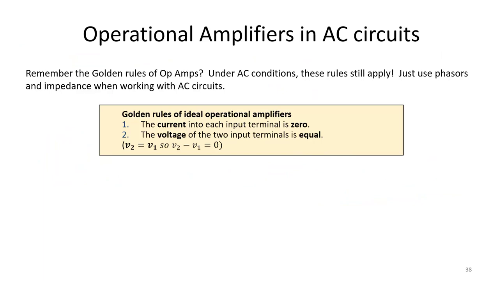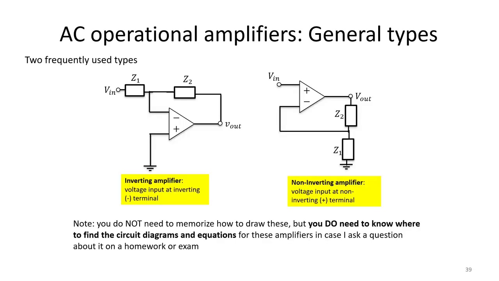Alright, our last topic for today is AC op-amps. And it turns out that those golden rules we learned back in Lecture 9, these still apply. And so the only difference is we use phasors and impedance when working with AC circuits. For now, we will introduce two general types of AC op-amps.